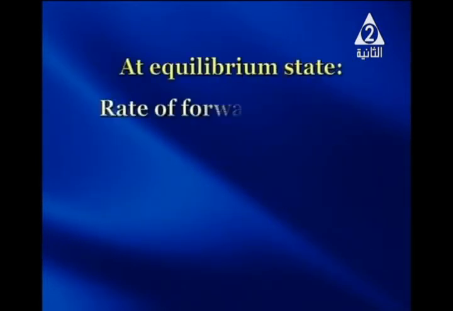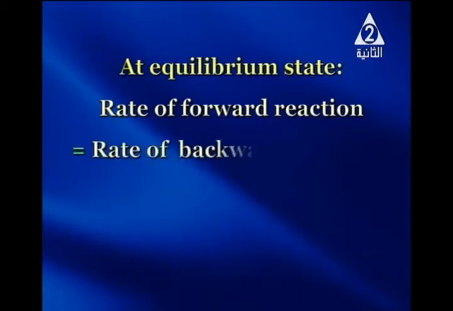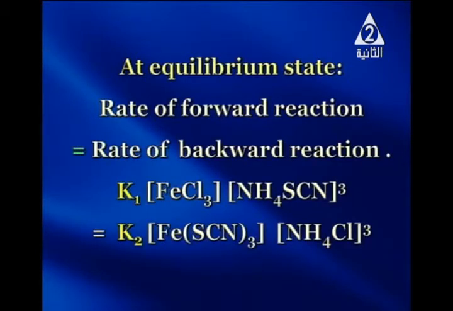So, at equilibrium state, the rate of forward reaction equals the rate of backward reaction. So, K1 times the concentration of iron 3 chloride times the concentration of ammonium thiocyanate power 3 equal K2 times concentration of iron 3 thiocyanate and the concentration of ammonium chloride raised to power number 3.